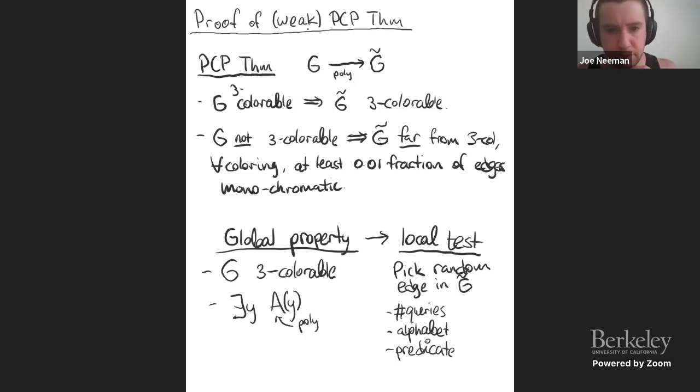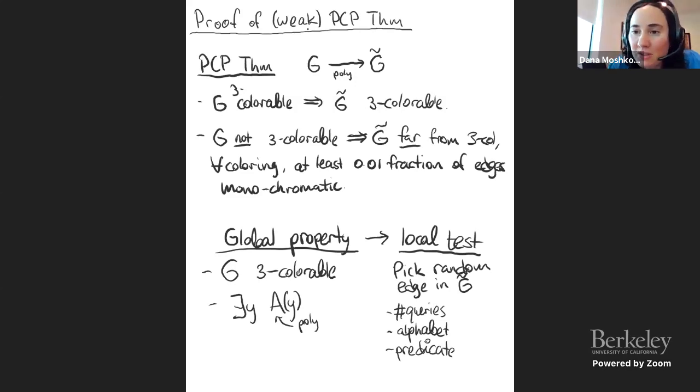So the fact that you have a polynomial number of local tests, which corresponds to logarithmic randomness, is an if and only if you want G tilde to be polynomial in the size of G. Some of the strongest PCP theorems show how to generate a test in polylogarithmic time.